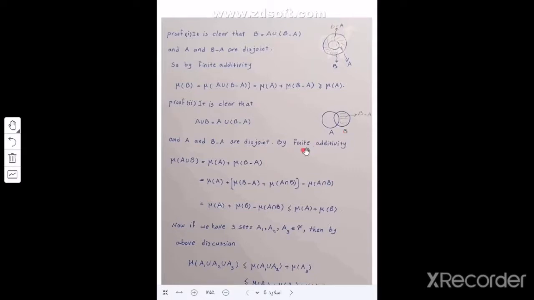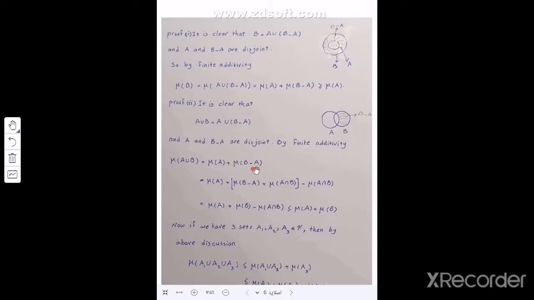So we again use finite additivity and write mu of A union B is equal to mu of A plus mu of B minus A.